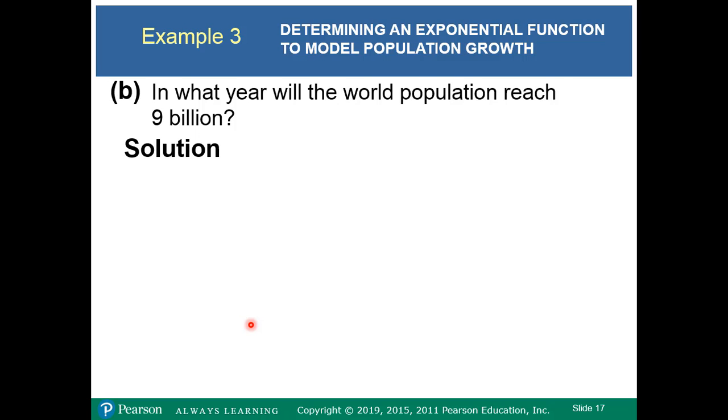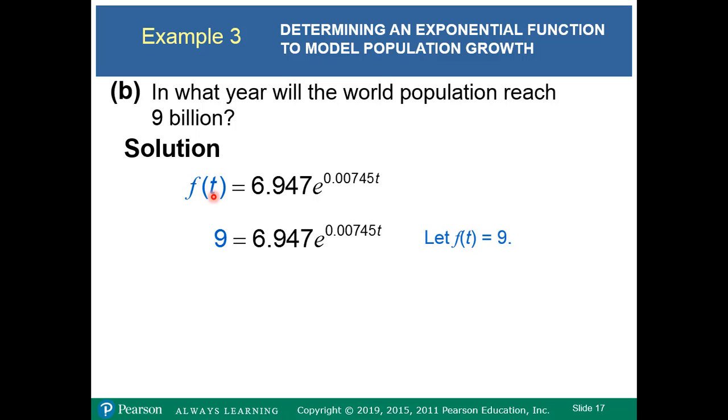Okay, now what about, it says, in what year will the world population reach 9 billion? So now we're going to set this equal to 9 billion, because that's what we want to solve for. And now we're going to divide by the coefficient here. Then we're going to take the natural log of both sides and then divide by this.